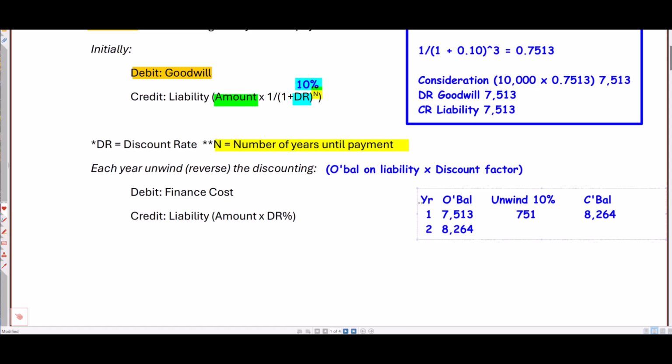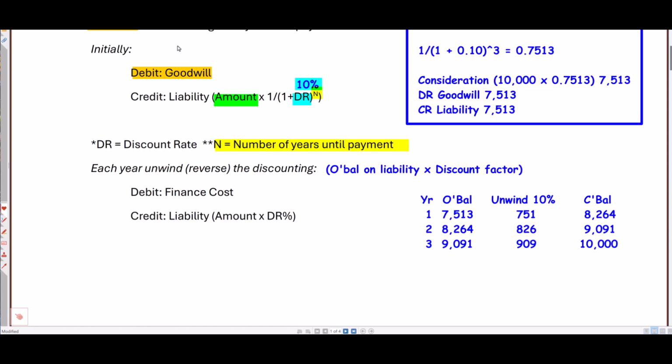We unwind that again, 826, so that's 8,264 times 10%. Add it across, and that gives us 9,091. Each year we are crediting the liability to increase it, and we are debiting a finance cost. In the final year, the opening balance was 9,091 times 10% to get our finance cost of 909. That also increases the liability, and that finishes us off at 10,000.